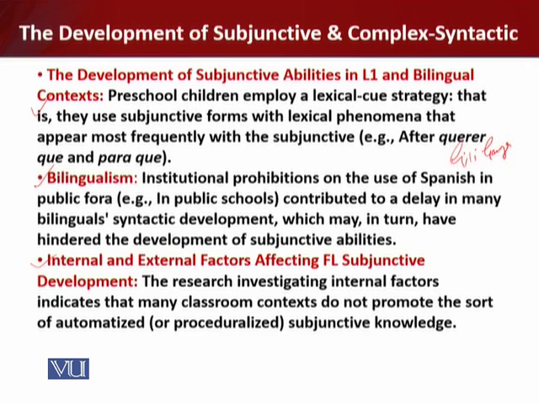Gaya essentially posits that preschool children employ a lexical cue strategy, that is, they use the subjunctive form with lexical phenomena that appear most frequently with the subjunctive, that is, after quiero que, which means want to, and para qué, which means for what.